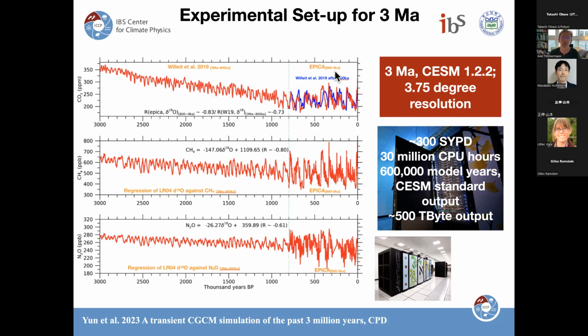They have an intermediate complexity Earth system model with full carbon cycle and full ice sheet coupled, and they were able to first reproduce quite nicely the late Pleistocene, and by running it from 3 million years all the way to now, they also obtain a CO2 record covering this kind of mystery period. This is one of the key forcings that we use, and we can discuss this later on, in particular also in the context of Yamamoto-san's results.